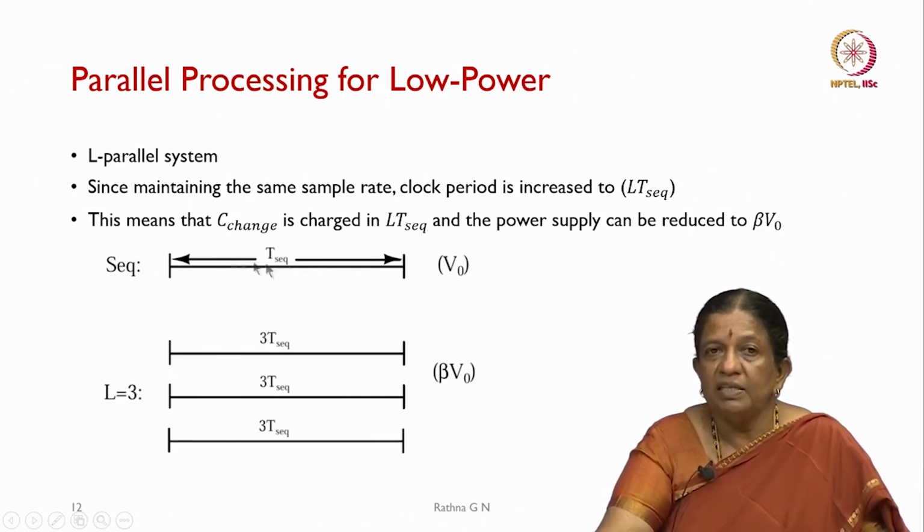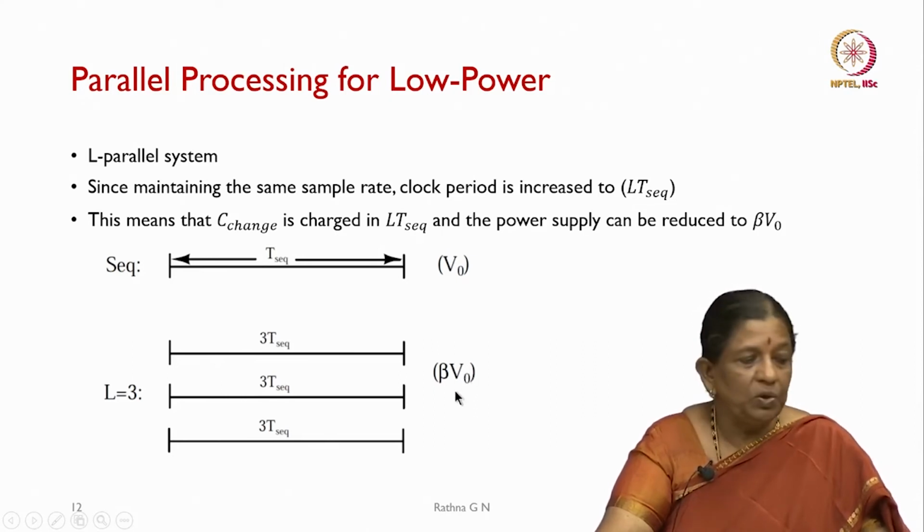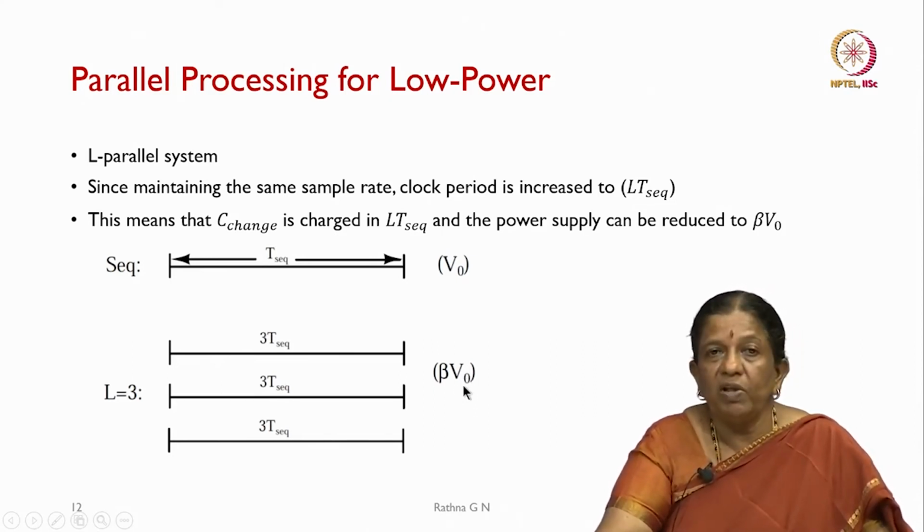So, in the sequential case the capacitor is charged with respect to T sequential at V naught voltage, whereas in the parallel case, if we assume L is equal to 3, this becomes 3 times T sequential, and the voltage reduction is going to be beta into V naught.